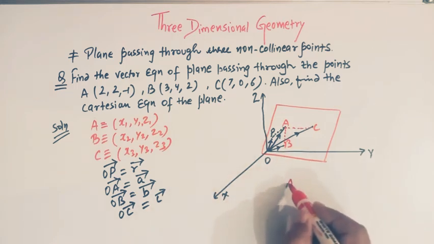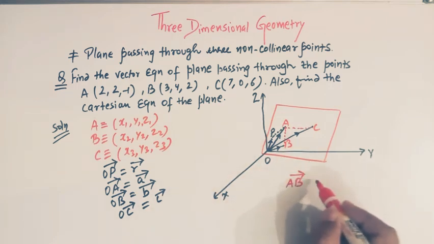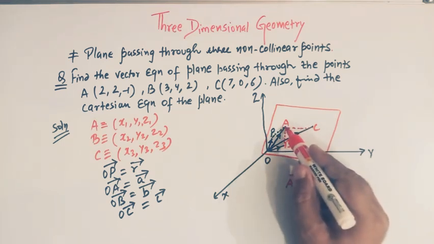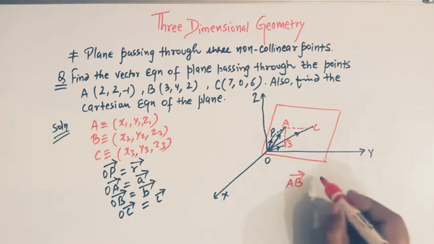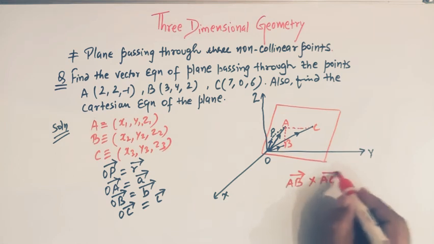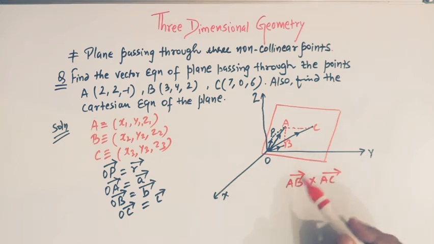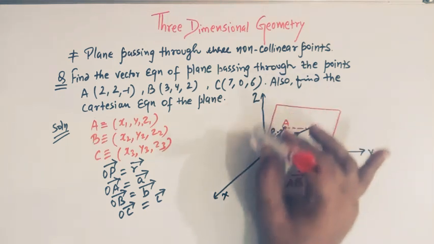We see that the cross product of vector AB and vector AC is perpendicular to this plane.